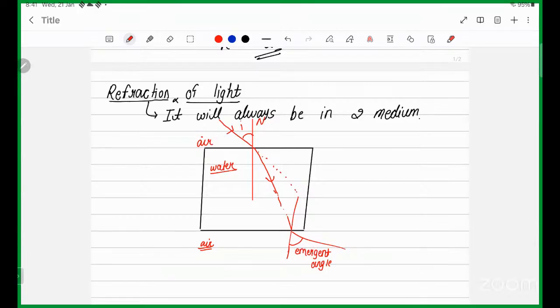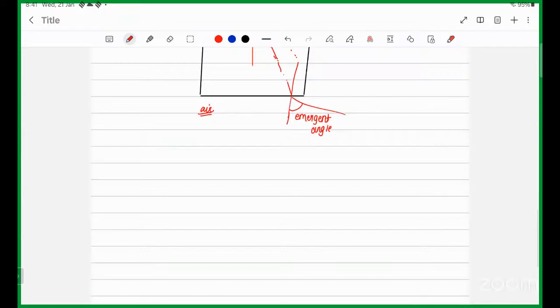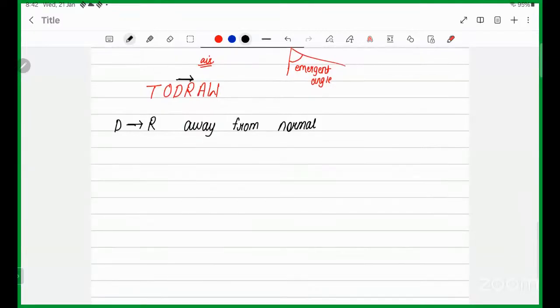Now we should remember where it will bend and how. To remember this: if a ray is going from denser to rarer, it will bend away from the normal, and the speed of the ray will be fast.